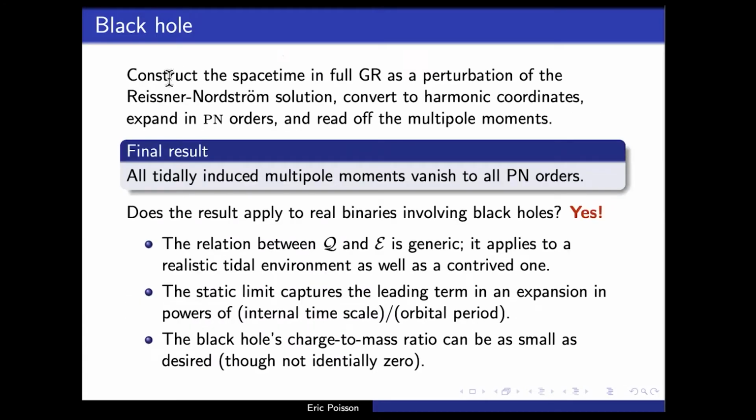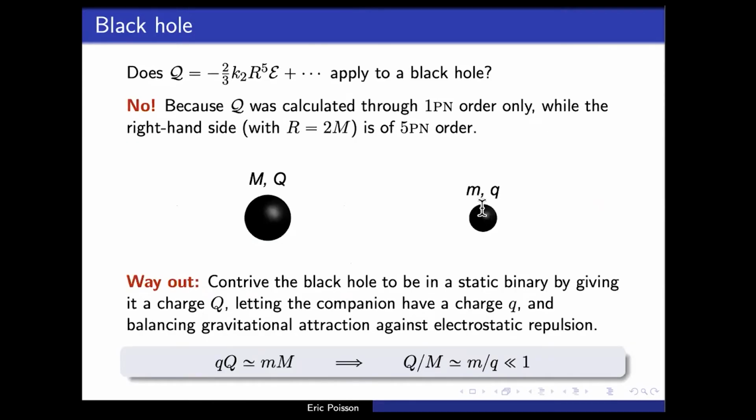Now, here's where I think the calculation really comes in its full power. I'm claiming that all the idealizations that I made in this very contrived situation don't matter all that much. The first thing that I think you should worry about, and certainly the thing that I worried about, is, well, okay, I derived the relationship between Q and E for a very contrived situation involving a very specific tidal field that has nothing to do with what a real astrophysical environment would provide.